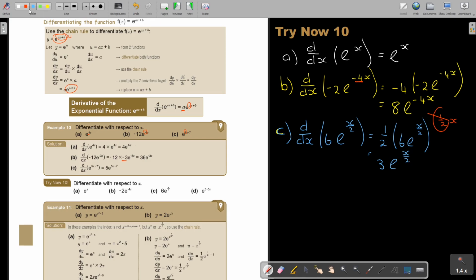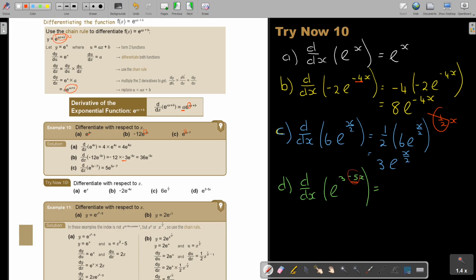Okay, and then the next one, what will I do now? Green, d. I start again nice, so d over dx, it means differentiate. So it's e to the 3 minus 5x. Okay, now again, what is the value in front of x?